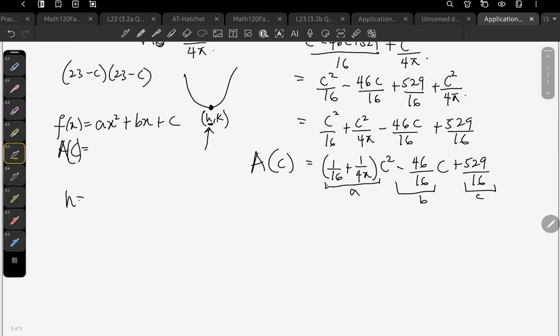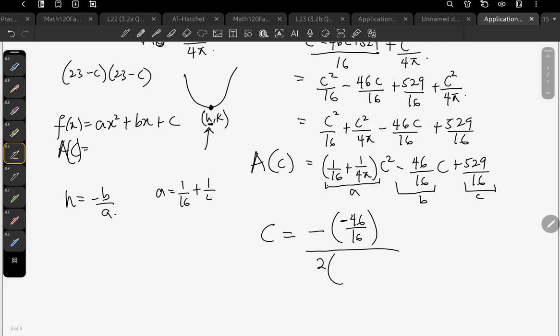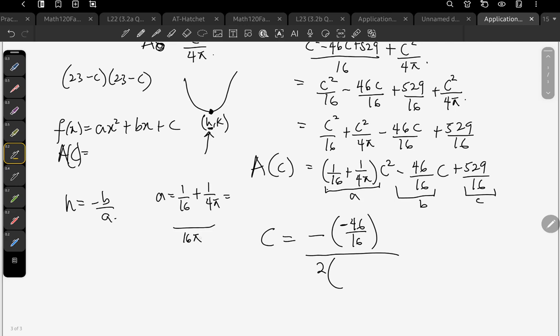You remember the formula for h is negative b over 2a. So the minimum circumference we are looking for, the circumference that will give us the minimum area, is c equal to negative of the b that we have here, negative 46 over 16, divided by 2a. 2a is 2 times 1 over 16 plus 1 over 4 pi, which can be simplified as pi plus 4 over 16 pi.